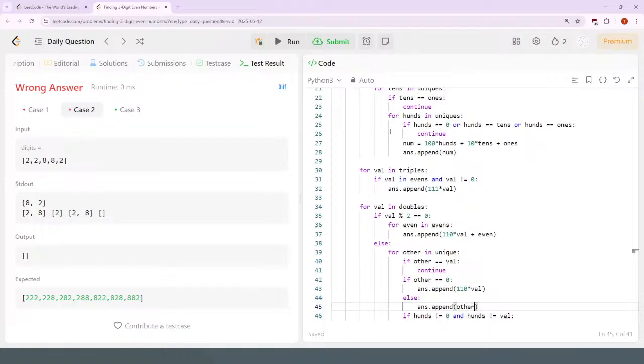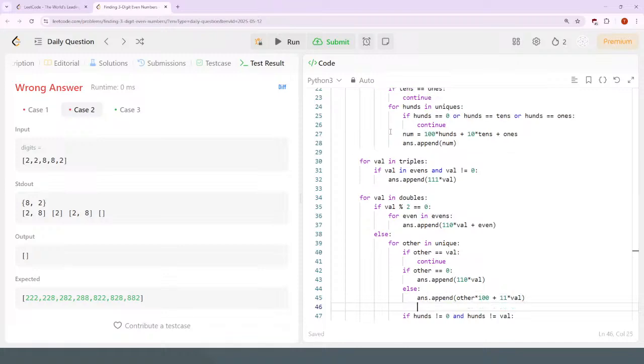Append this other value as the hundreds plus 11 times this double's value as the last, or this double's value as the last only if the other value is even.